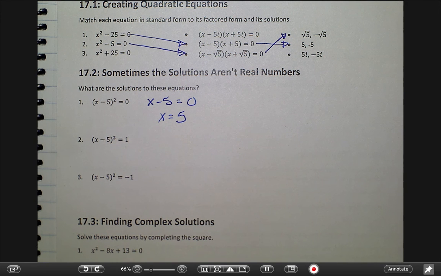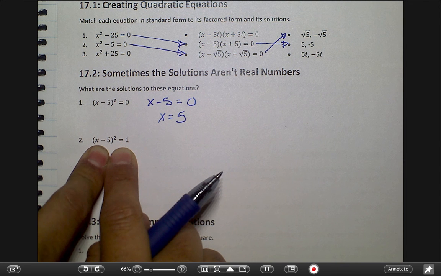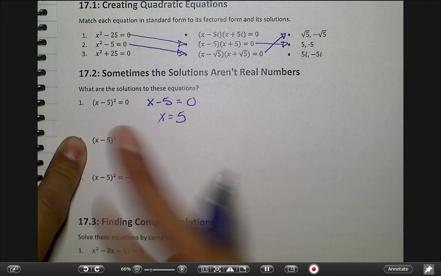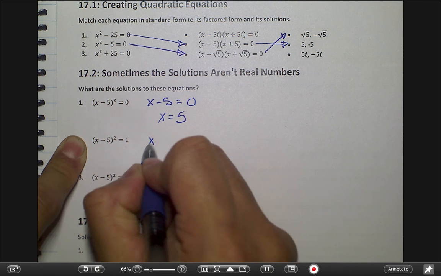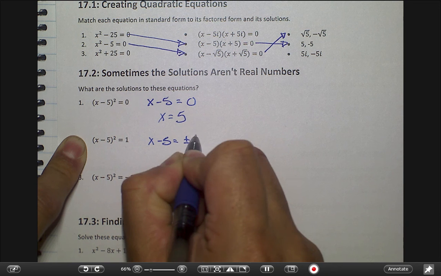So how many solutions did I have there? 1. I only had one solution there. This one right here. Same steps every time, step by step. What am I going to do to undo my square? Very good. So it's x minus 5 equals plus or minus square root of 1.